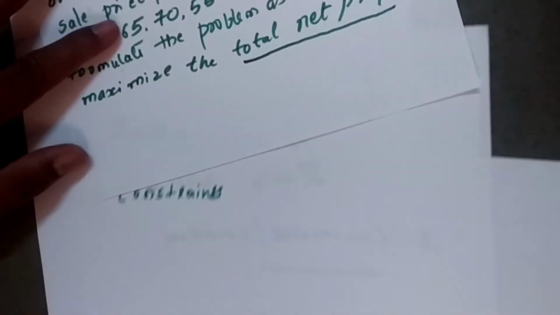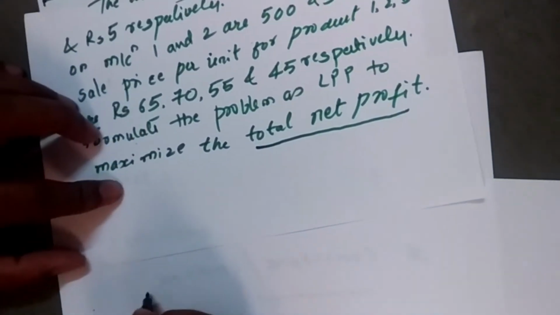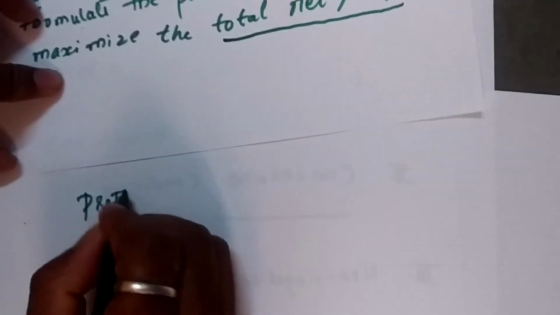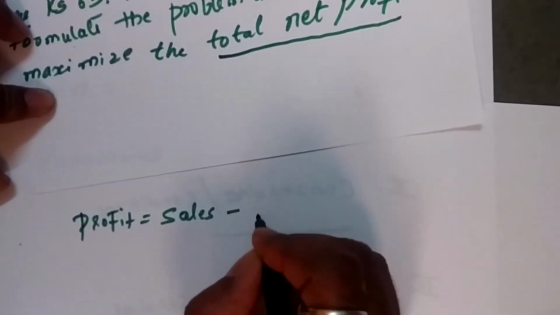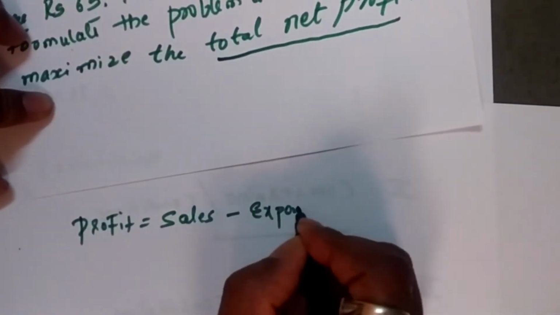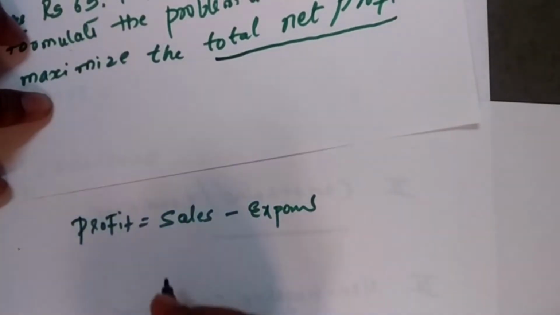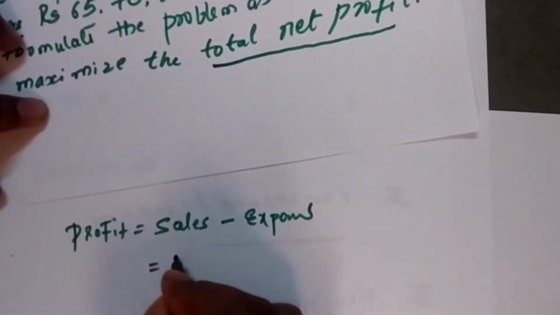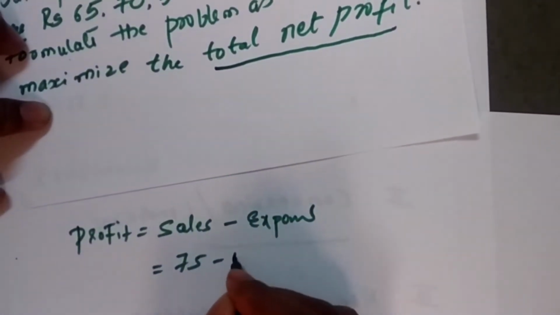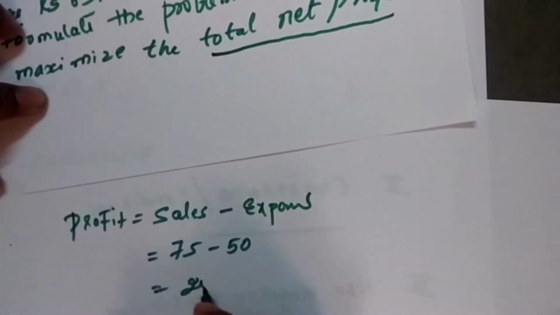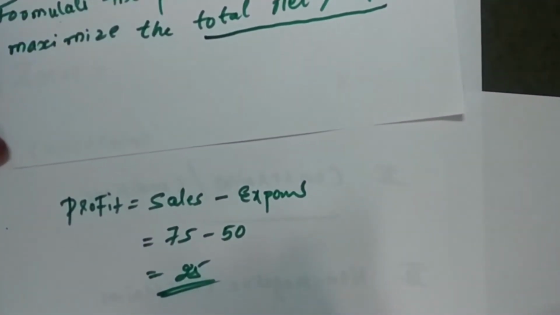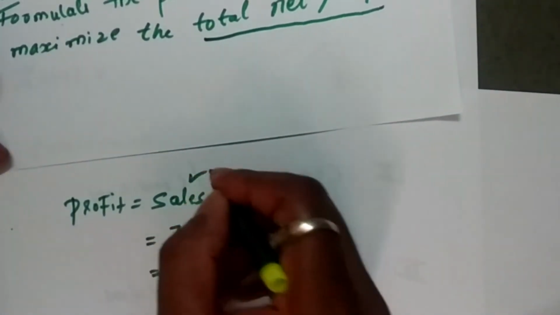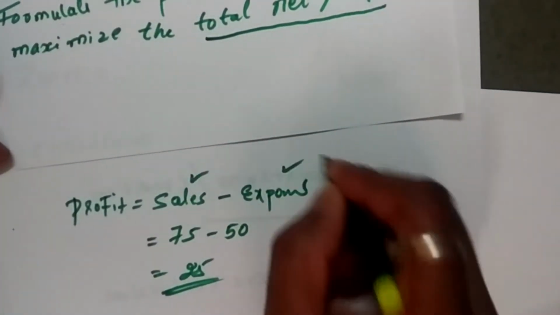Profit is nothing but the sales minus the expenditure. If you are selling at 75 and you are spending 55 rupees, your profit is 25 rupees. This is how we need to calculate the profit. This is basic.